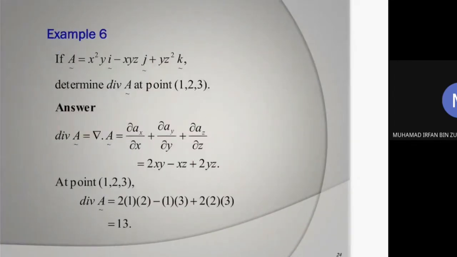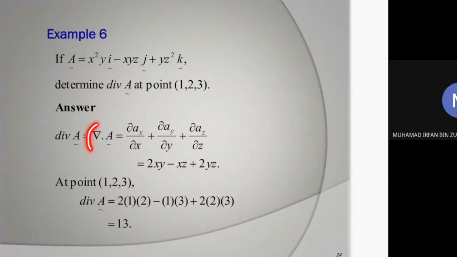Okay, now look at this example. Given A equal to x squared y i minus xyz j plus yz squared k, determine divergence A at point (1, 2, 3).